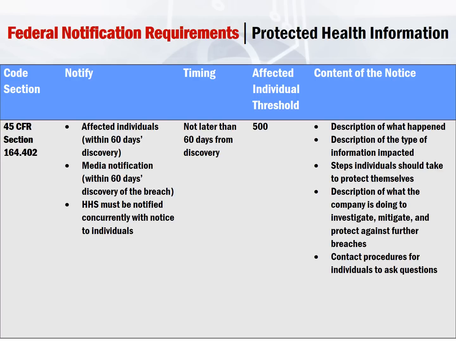This slide basically is included for comparative purposes. It shows you what some of the federal notification requirements are under HIPAA and what the threshold is for sending out consumer notices.